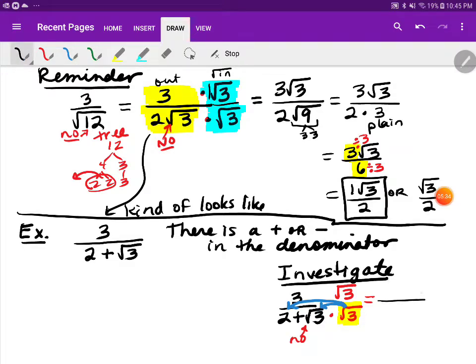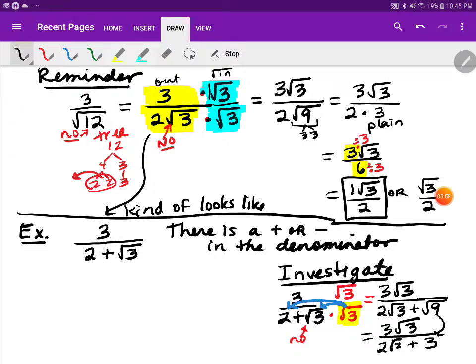So your numerator is 3 radical 3, but the denominator is the problem. So 2 times radical 3 is 2 radical 3, plus radical 3 times radical 3 is radical 9. Well, we did free the 9, it's 3.